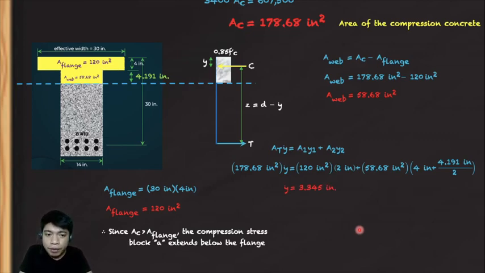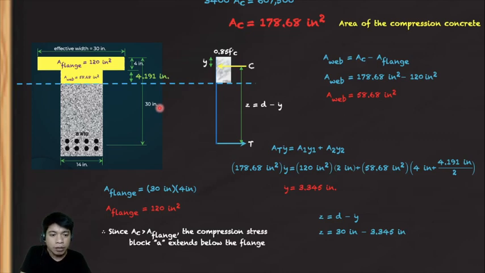Okay? So, now that we have computed bar sub y, guys, we can compute the value of the distance between the tension force and the compression force. That is the value of Z. Z here is equal to D minus bar sub y, of course. D is already given, that is 30 inches. So Z is equal to 30 minus 3.345 inches.